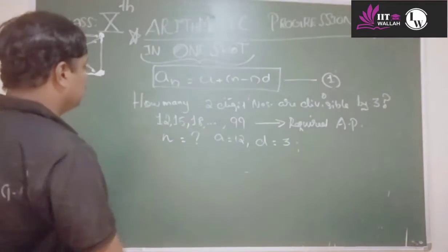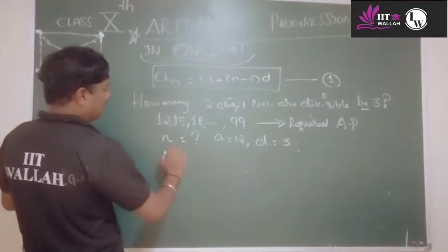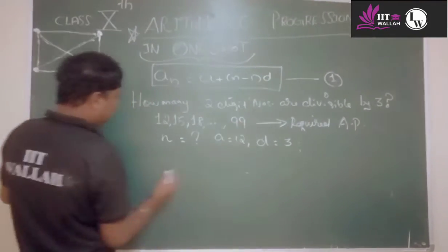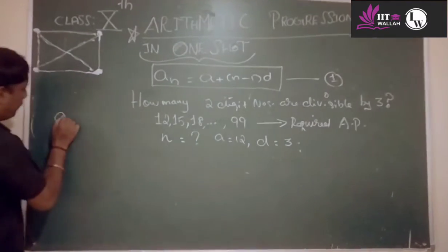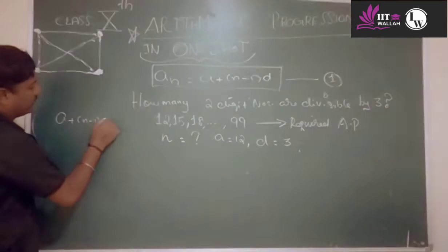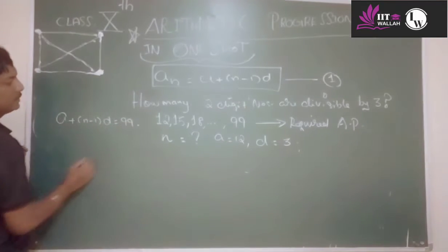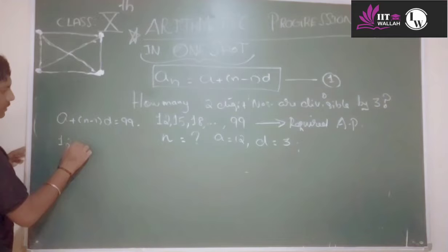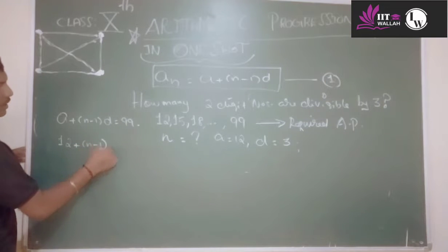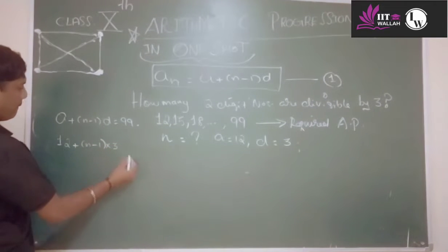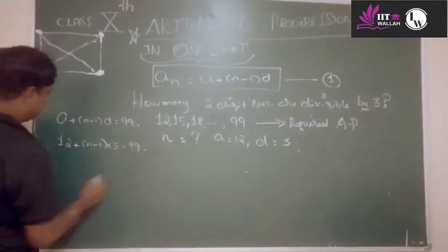Now we want to find n. So the nth term is 99 here. So a plus n minus 1 into d is equal to 99. 12 plus n minus 1 into 3 is equal to 99.